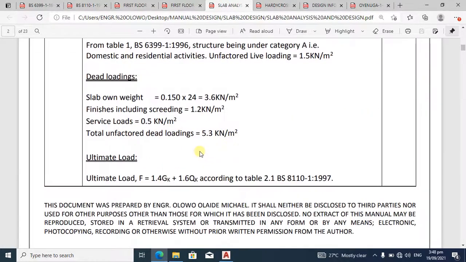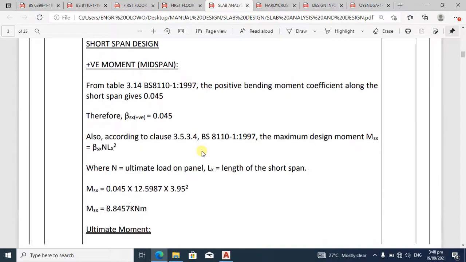From here we can now calculate the bending moment, the positive moment. That is the bending moment along the midspan. And this is the formula: the positive moment coefficient multiplied by the ultimate loading on the panel, then multiplied by the shorter span of the panel raised to power 2.